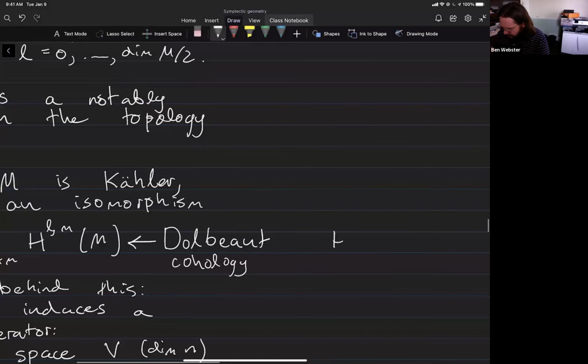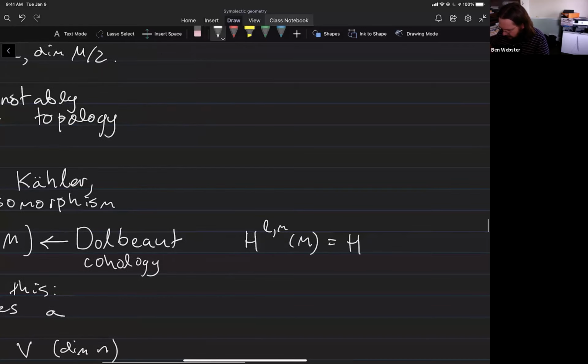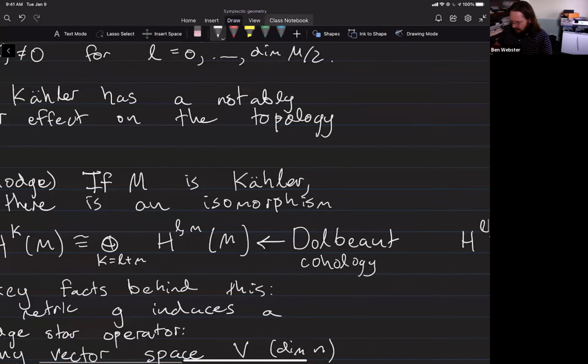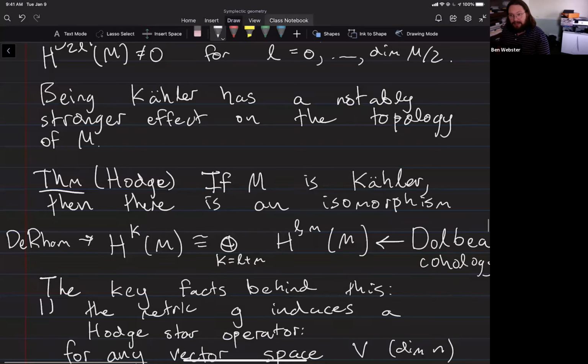The other key thing, and all of this you need being Kähler for, is that if I swap the two indices, I'll get an isomorphic vector space. And so in particular, one of the key consequences of this is odd Betti numbers have to be even.